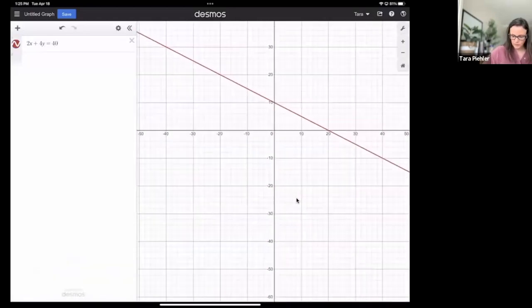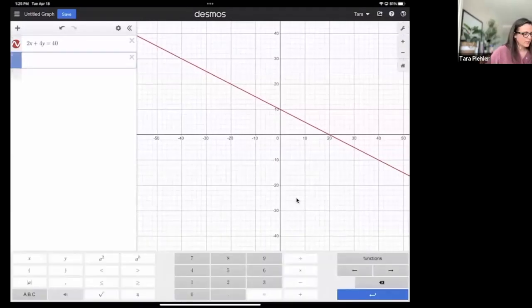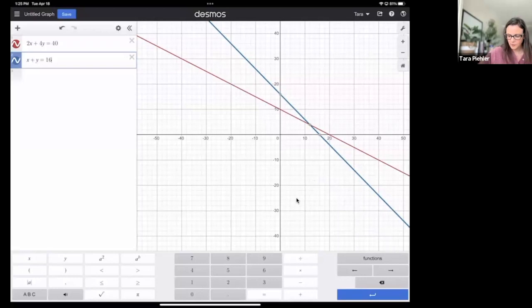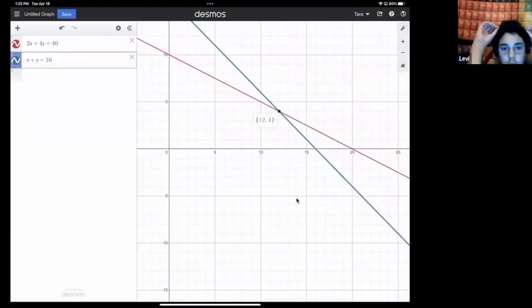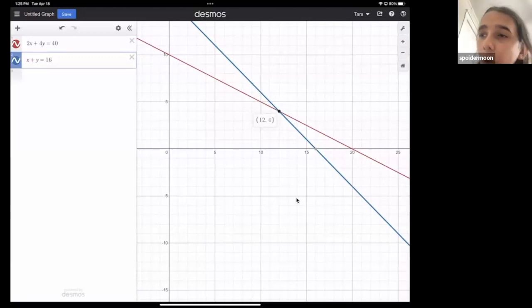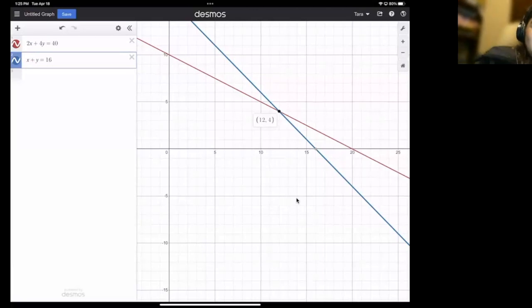And our next one was our head equation. So X plus Y is going to equal 16. All right, let's see where they intersect, guys. They intersect at 12, 4. X is 12, Y is 4. That's right. So you guys are correct.